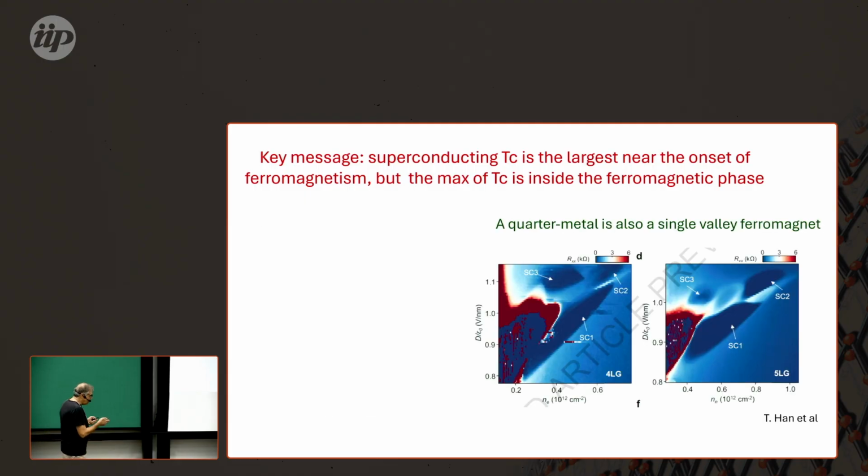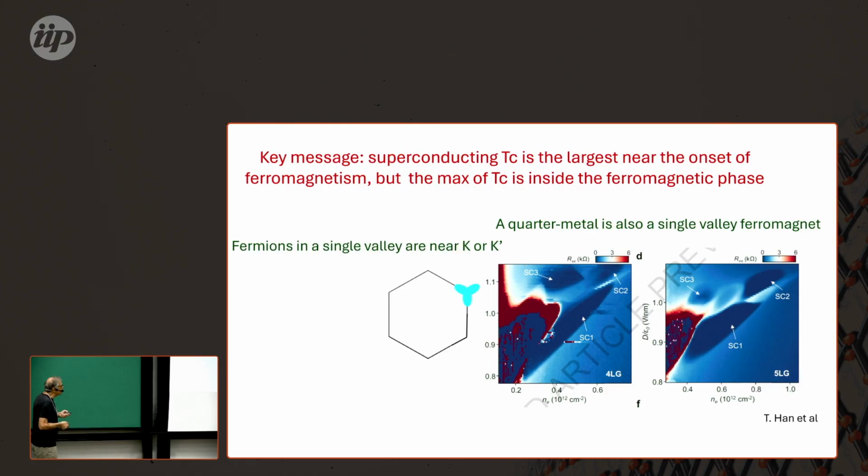And of course, it's natural to attempt to make a connection with the single valley ferromagnet, which we have in this quarter metal, and it will be linked to what I'm going to talk about in the next 7-8 minutes.